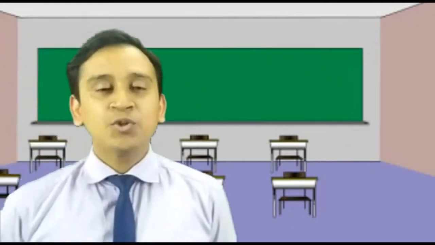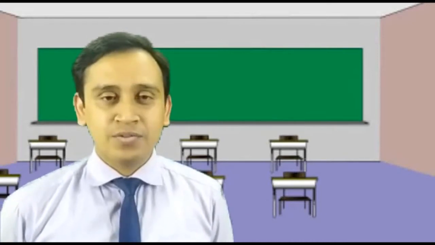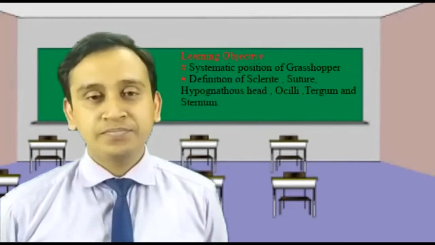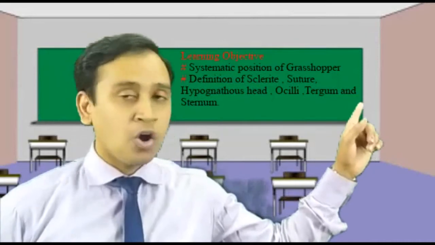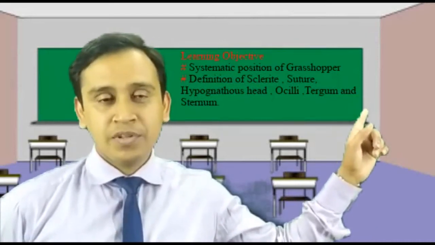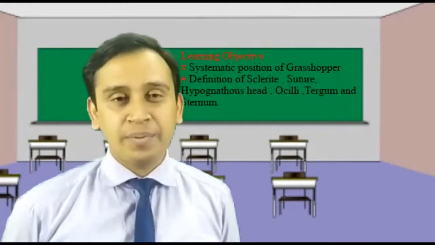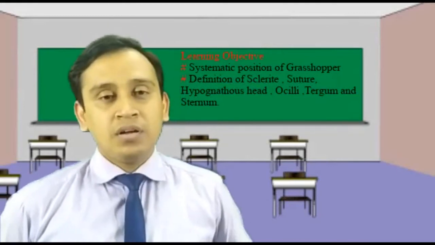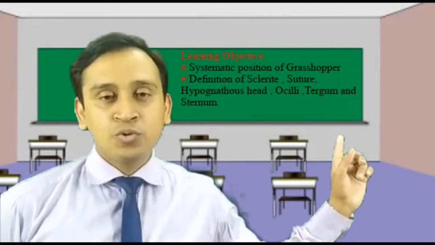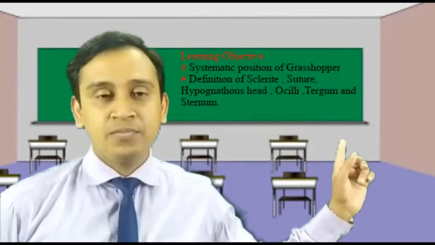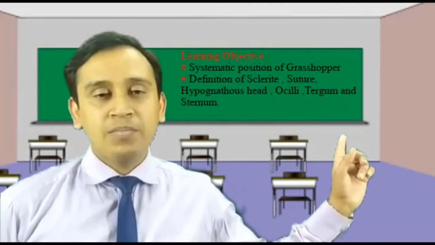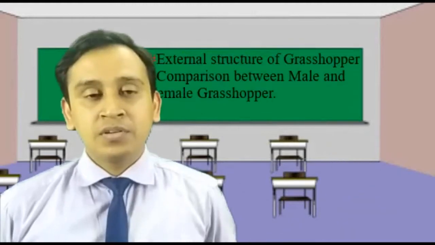After completing today's class, students will be able to learn the systematic position of Grasshopper. Students also will be able to learn some important definitions like scleroid, suture, hypognathous head, ocelli, tergum and sternum.